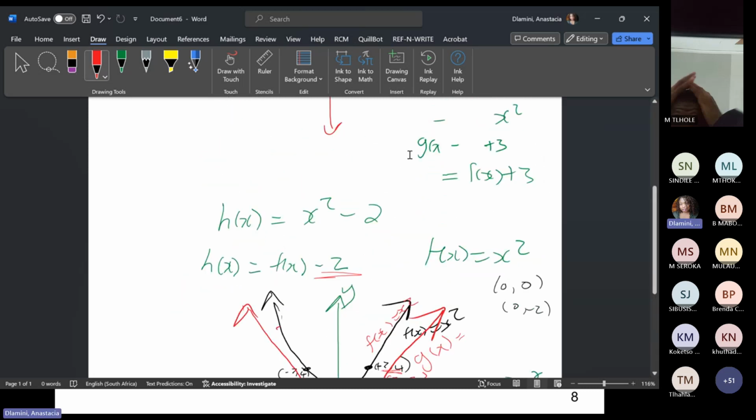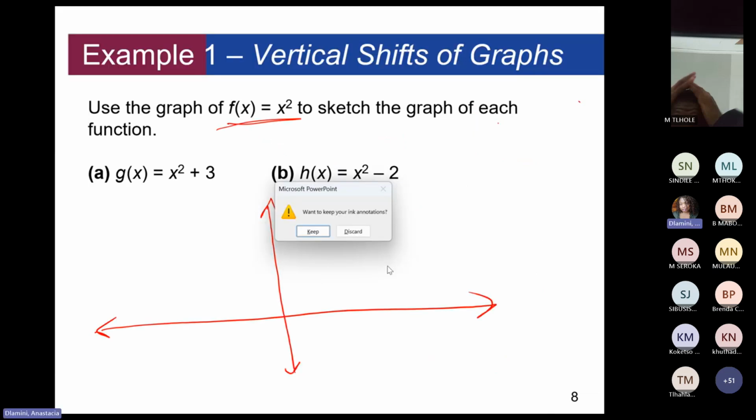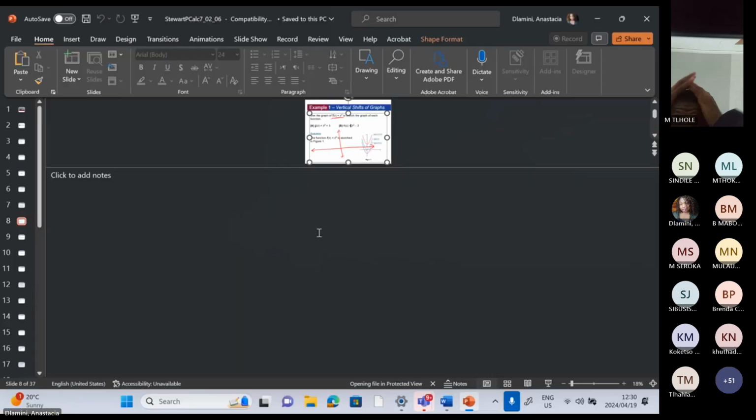In the original statement? Oh yes, I see what you mean. Okay, let me go there.